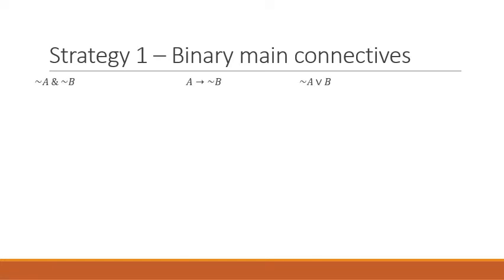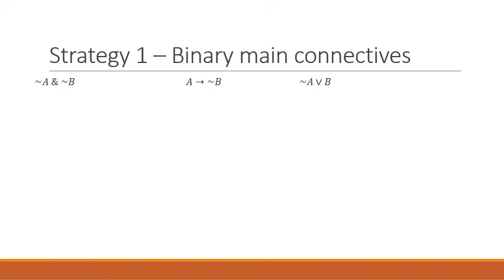And so here are some examples of somewhat complicated sentences where the main connective of these sentences is a binary. All these negations here, if you think about the order of operations, if you were computing the value of these sentences, you would do those negations first, and you would do the binary connective last.